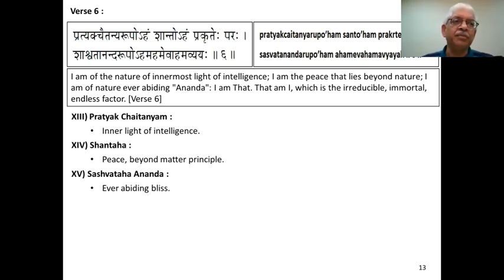The objects in the sleep state, which is ignorance, are different from what we experience in the waking state or dream state. So the three objects are different, but the one which is illumining them is Sashvata. Sashvata means ever changeless. It is never changing. It is ever abiding bliss.